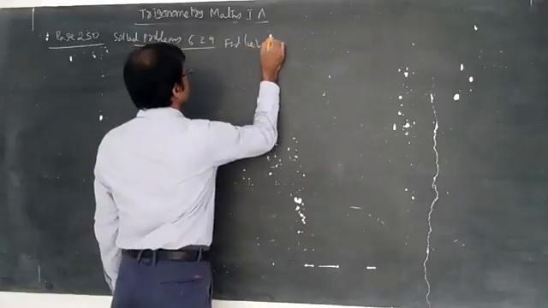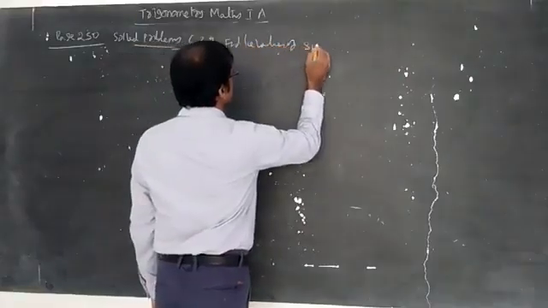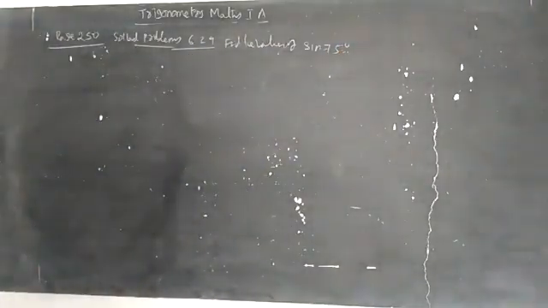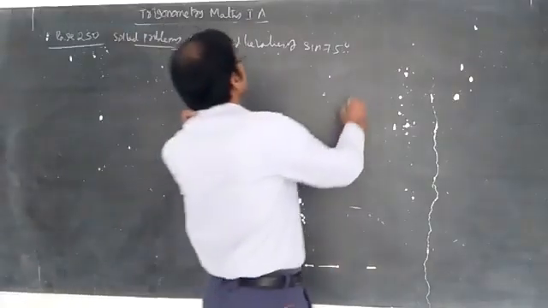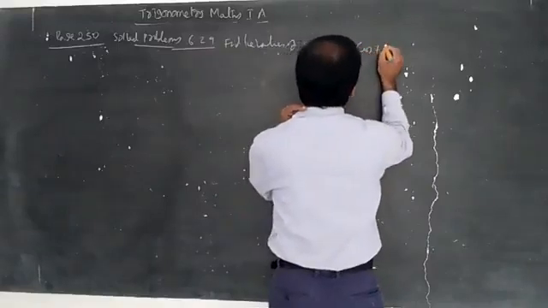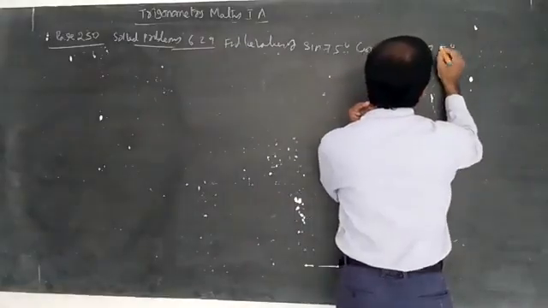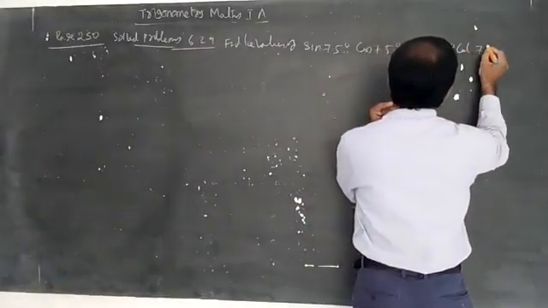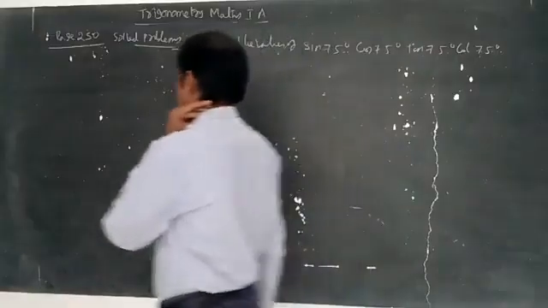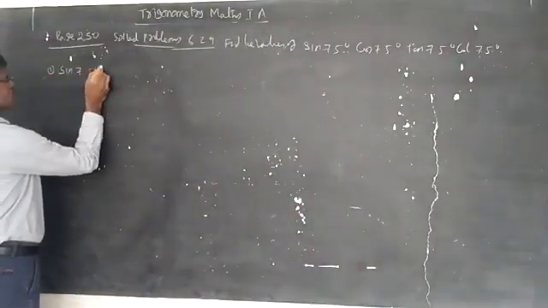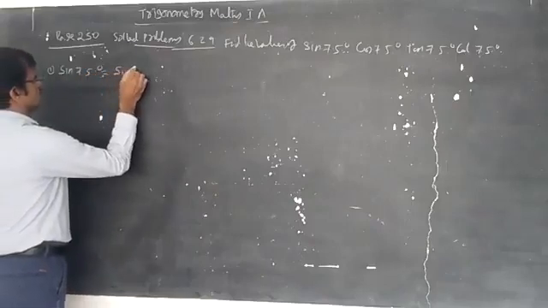Find the values of sine 75 degrees, cos 75, tan 75, cot 75. So everything is there. First of all, sine 75.